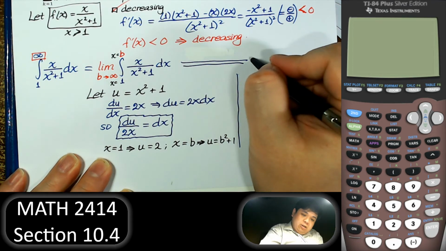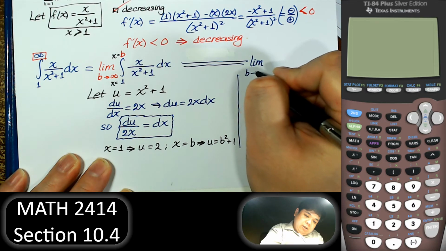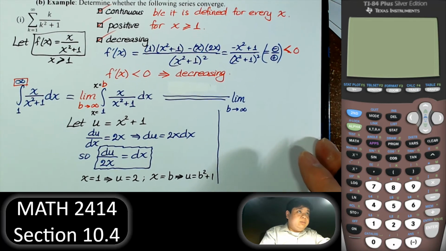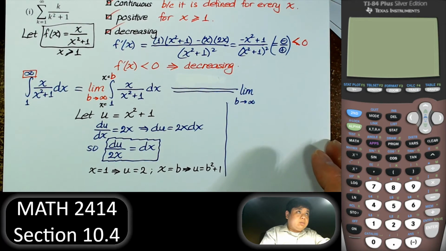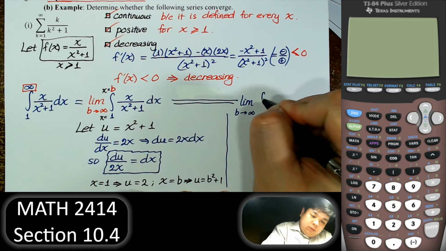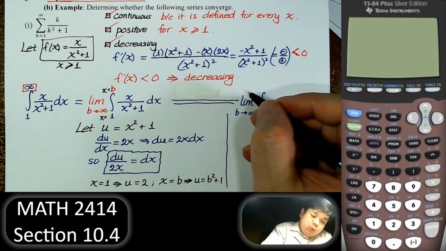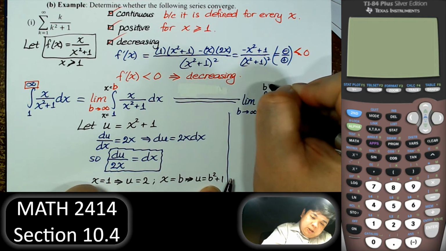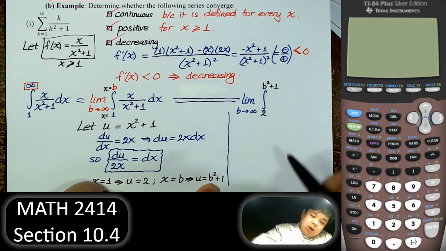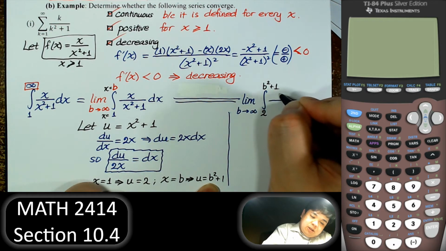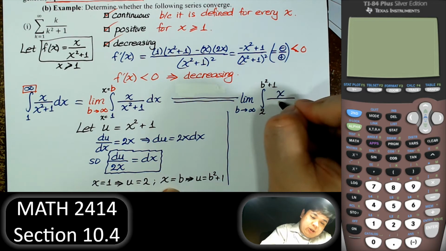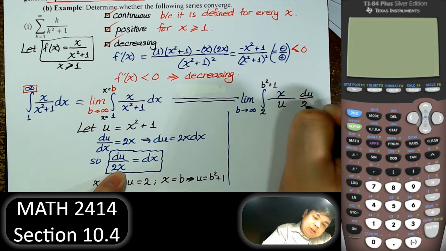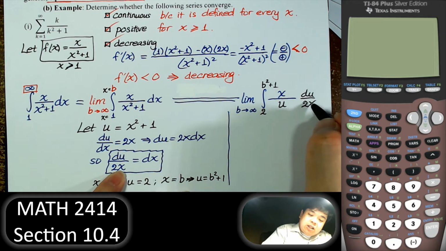Right, the integral. The limits now change from 2 to b squared plus 1, and we have an x on top. x squared plus 1 is u. The dx is du over 2x. x and x cancel out.